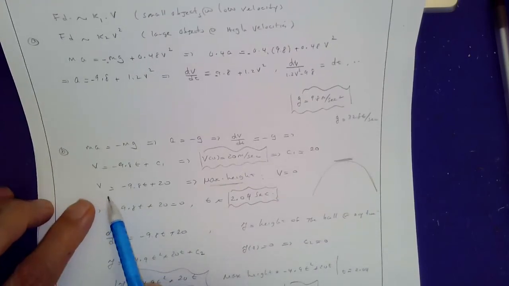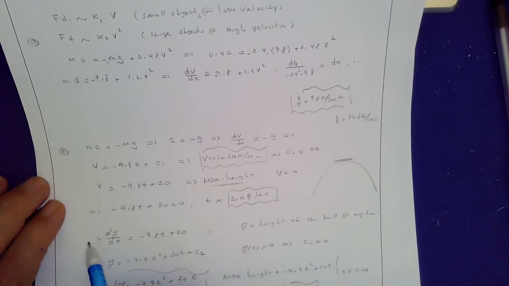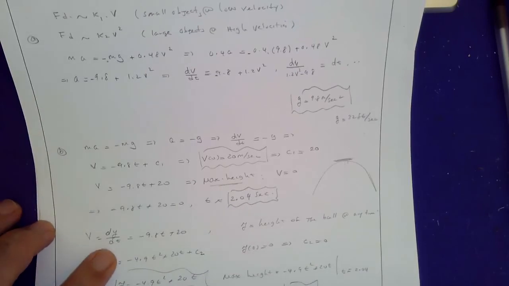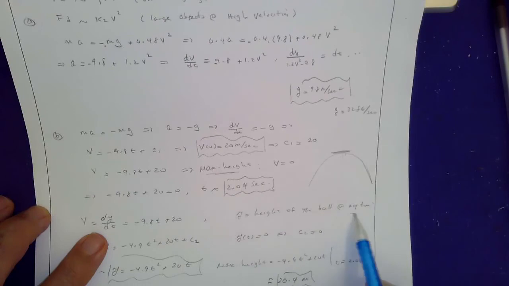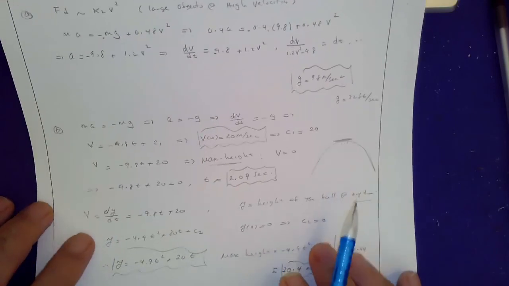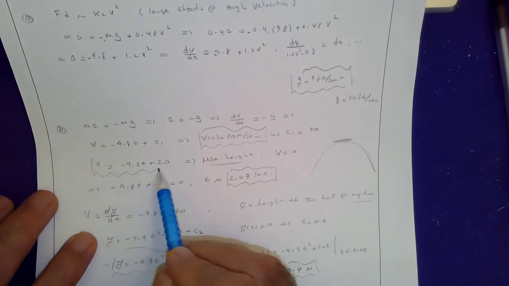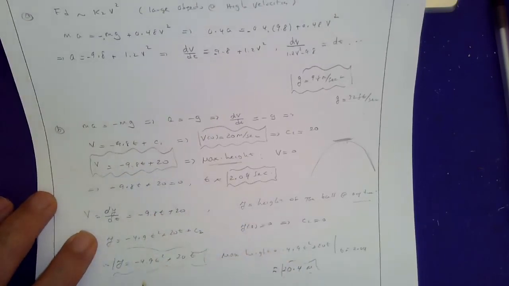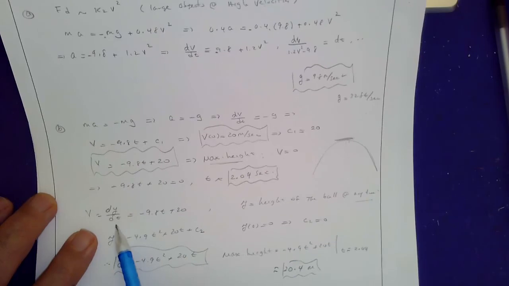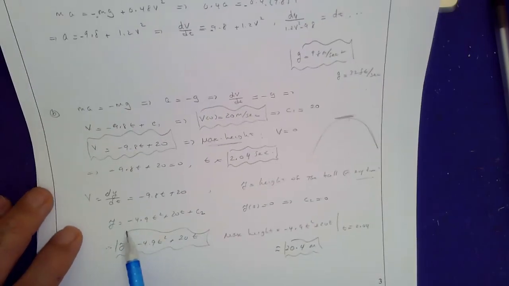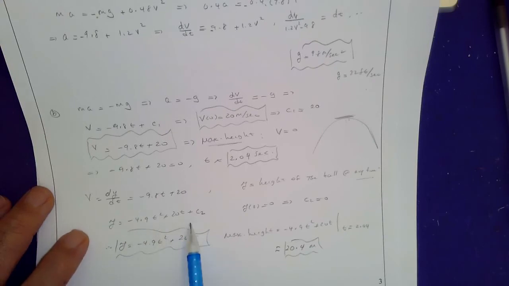And now take the antiderivative of this guy. Remember, the velocity is how fast the height is changing. Suppose y represents the height of the ball at any given time. So if I replace here the v, the velocity, with dy dt, which means how fast the height is changing with respect to time, and solve this for y, I get this.